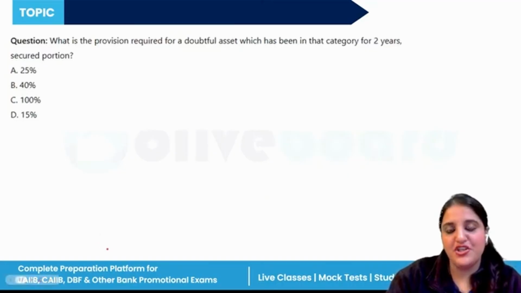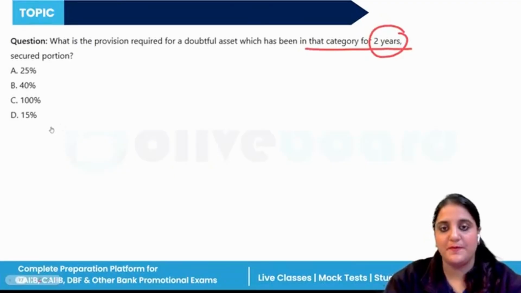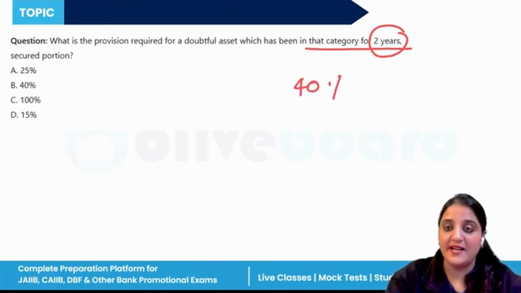Now, what is the provision required for a doubtful asset which has been in the category for 2 years, secured position? See, this is a complete table, and I already told you that for the doubtful assets in the category of 1 to 3 years, that means doubtful two, they require 40% provision as per the RBI guidelines.